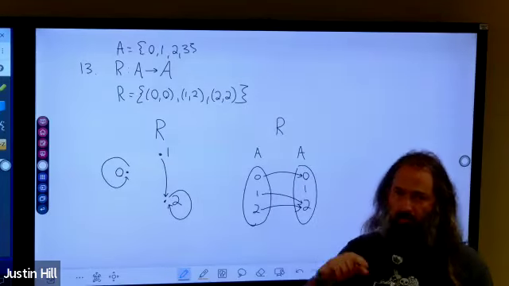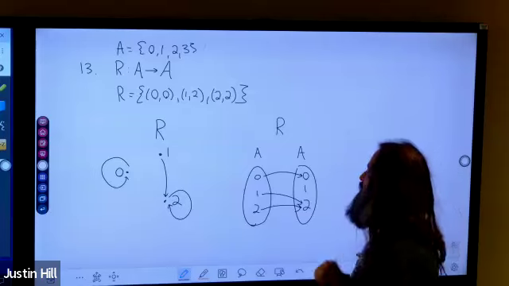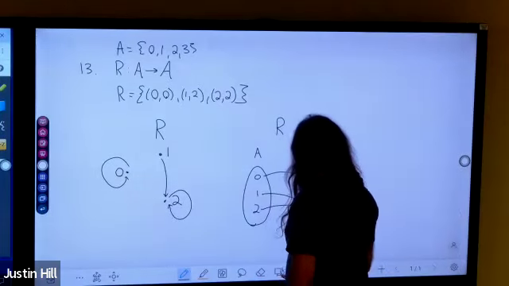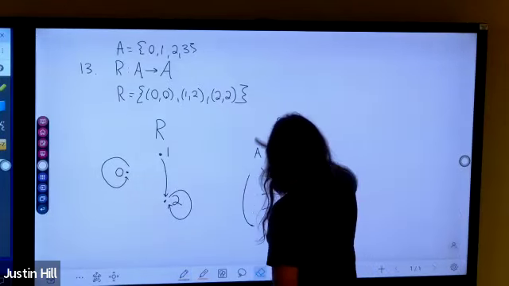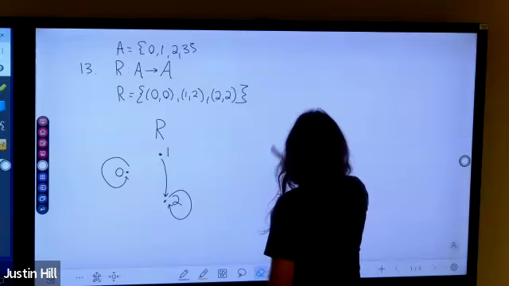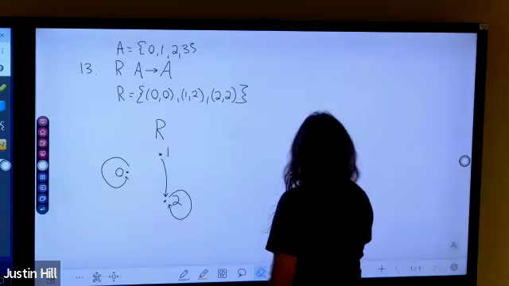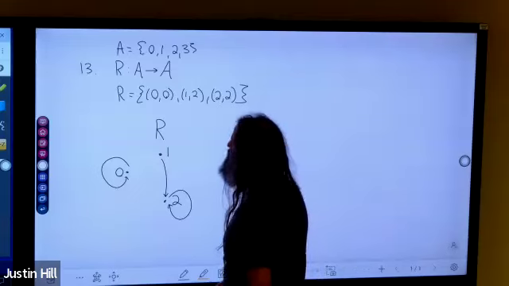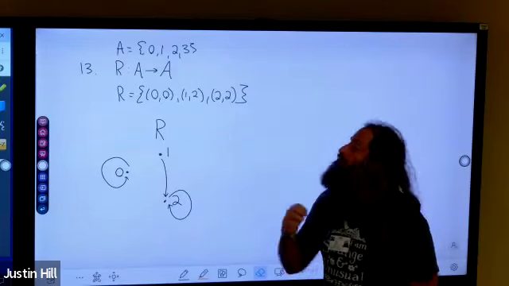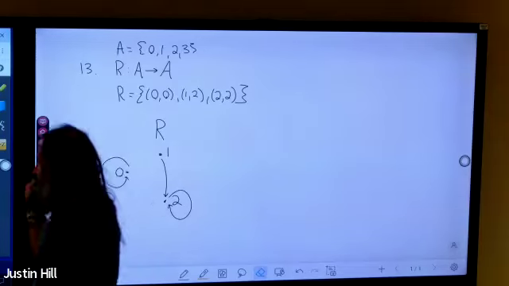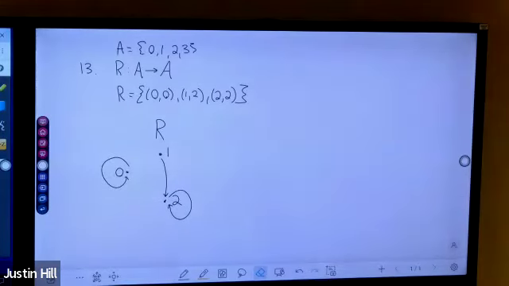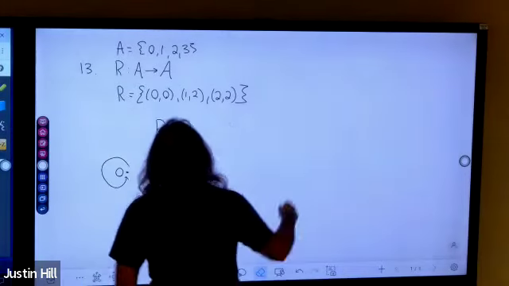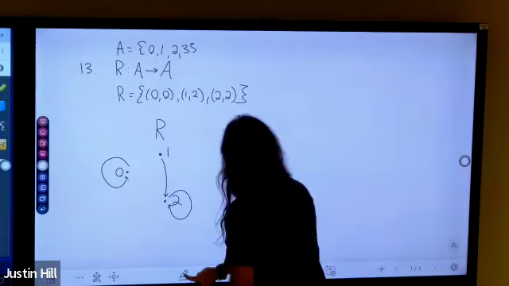You don't have to write the set twice and the numbers twice. That's all it is, but it's really nice. So that was an arrow diagram, and this is a directed graph. You have a couple problems like that where I wanted you to write the directed graph. So let's do 15.